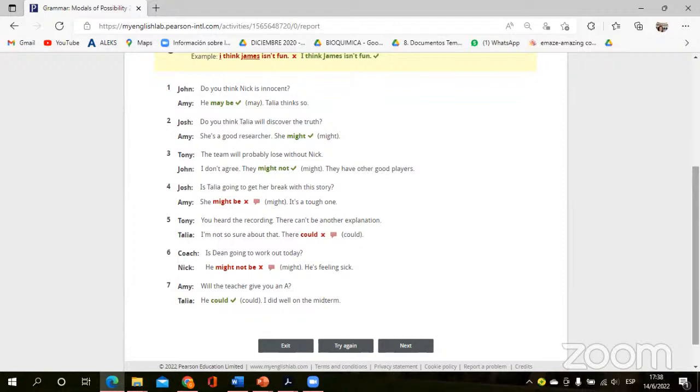And the last one, 6. He might not be, the same mistake as 5, as 4, right? Because in the question 6, we are using be going to, not the verb to be. So if we are using be going to, it's just with he might not. It's not necessary to use be. Okay, so just that, Chris. So let's check it.